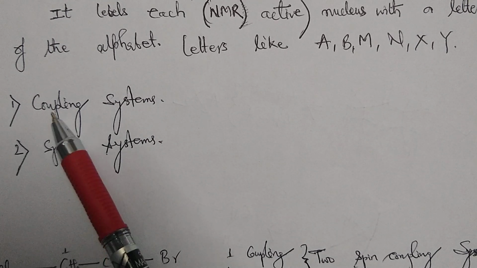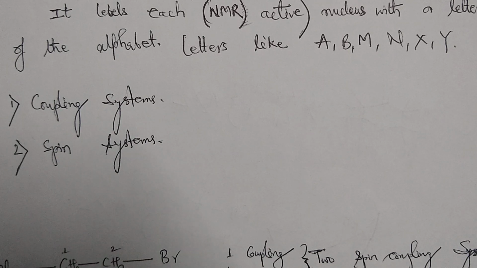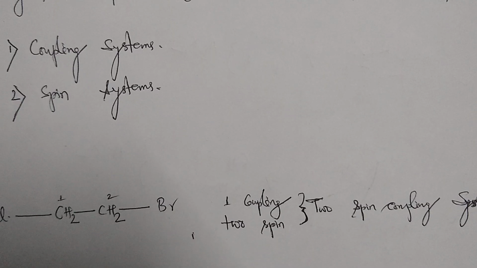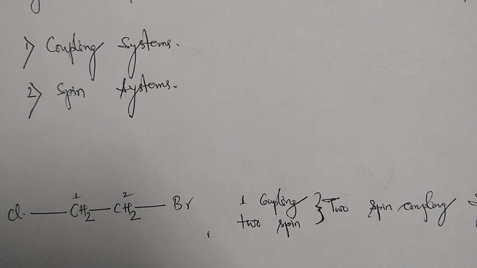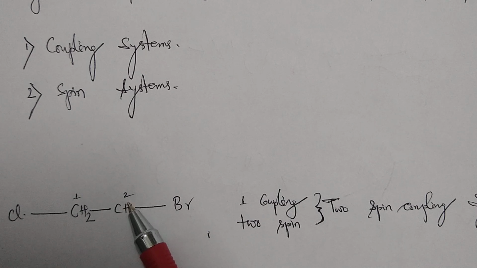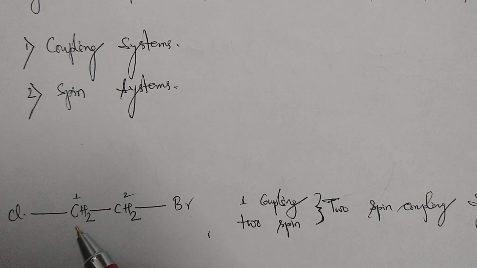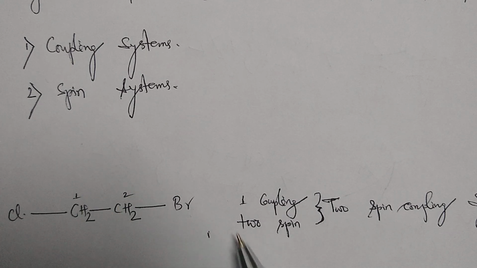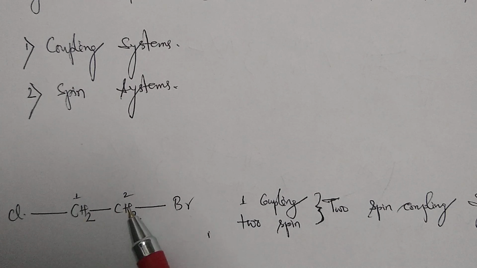To understand these two terminologies, we will take the help of examples. As in this example, we have chlorine this side and bromine this side, which leads to two kinds of protons. So we will have a two spin system here.